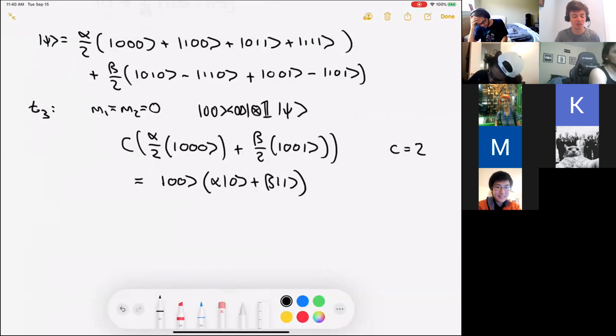Magically, we have ended up with the two qubits held by Alice having been measured, so they're just in a fixed state in the computational basis. But the qubit held by Bob is in state exactly alpha 0 plus beta 1, which is exactly the state psi that we started with. Okay?